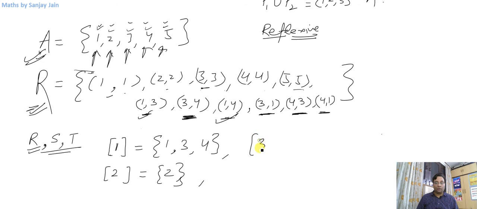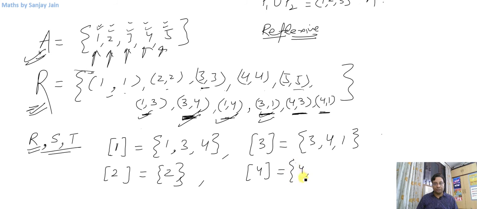The equivalence class of 3 will definitely have 3 in it. Apart from 3, it is related with 4, and it is related with 1. What else? Nothing else, right? And the equivalence class of 4 will have 4 in it for sure.